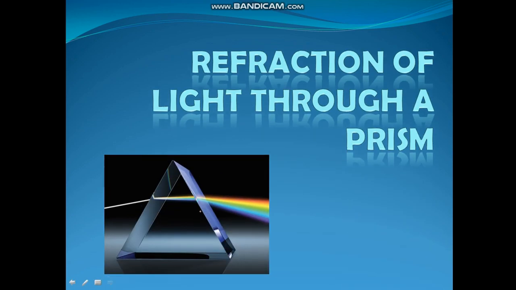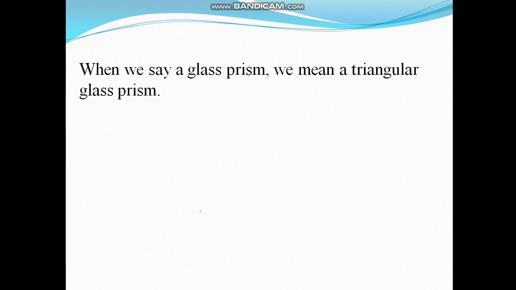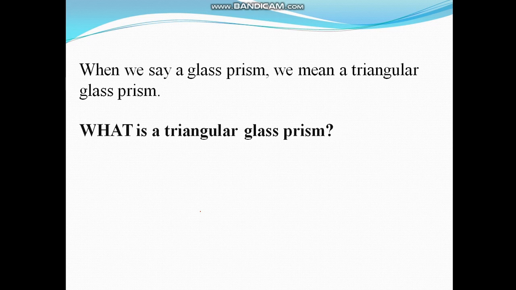We will today study refraction of light through a prism. When we say a glass prism, basically we are talking about a triangular glass prism. Now, what is a triangular glass prism?